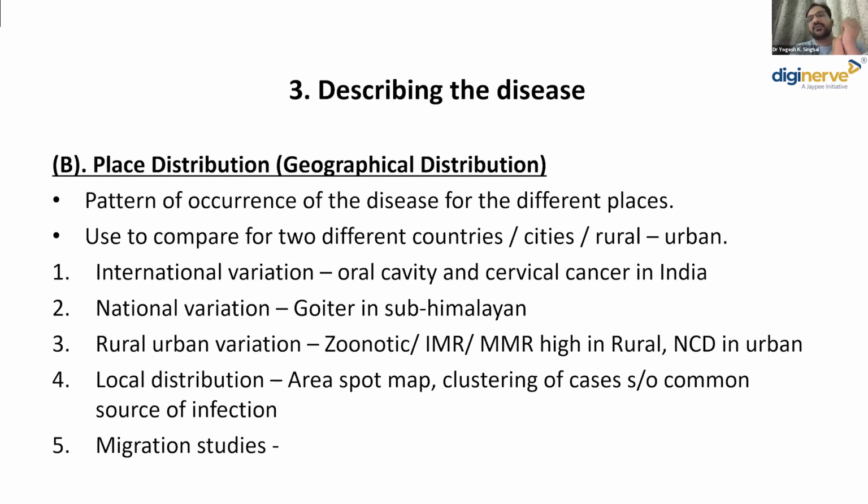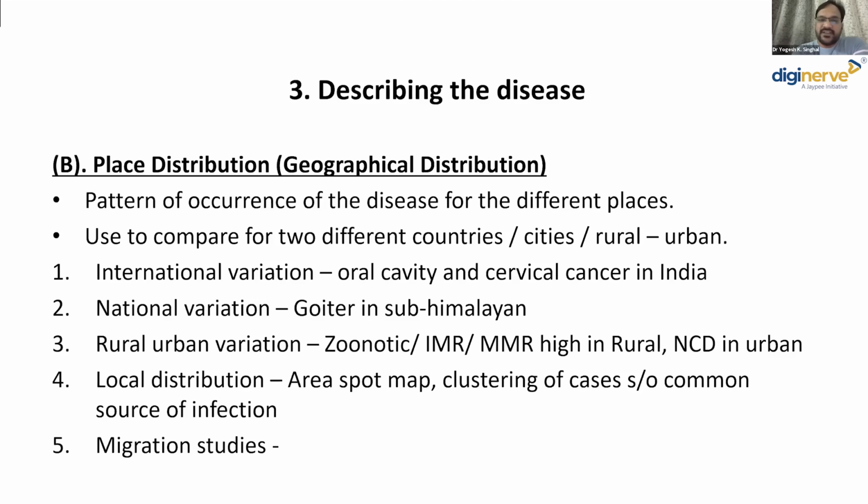Now we will talk about the geographical distribution or the place distribution. Disease also depends upon the geographical distribution, and we can use this distribution to compare disease between two countries or two cities, or rural-urban differences.